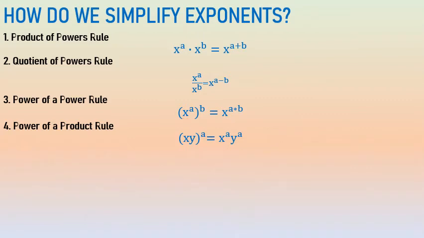What if we have, kung kanina, power of a product rule, we have two different bases being multiplied with each other, then raised to an exponent. What if this time meron tayong ganito class? Let's say x over y raised to 2, or x over y squared. Ang kaibahan, this time, we have two different bases, x and y, being divided with each other, then raised to an exponent.